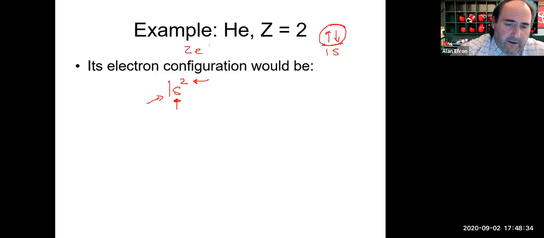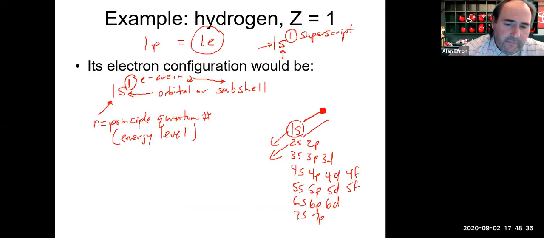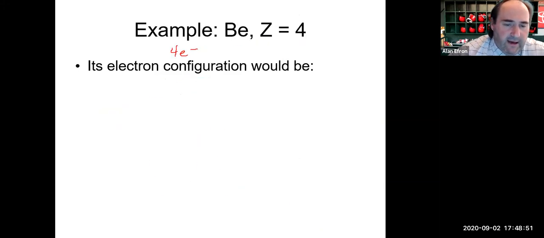So again, going back here, we're going to start up on top again, always start here. So it's going to be 1s2. We again zigzag back here, and we will now be able to fill in this one with the next electron. And we will have 1s2, 2s2 in this case.